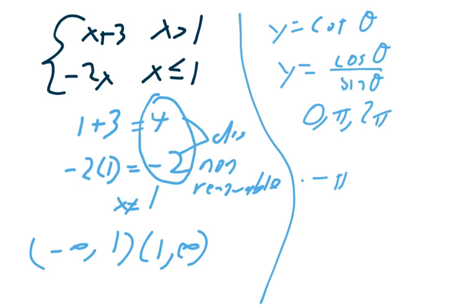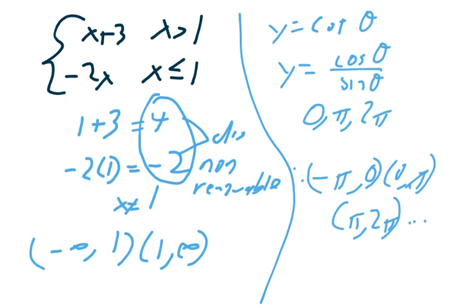So we're going to go from negative pi to 0, 0 to pi, pi to 2 pi, dot, dot, dot, all the way backwards and forwards. So because each one of these does not get canceled out, all of the discontinuities would be non-removable.